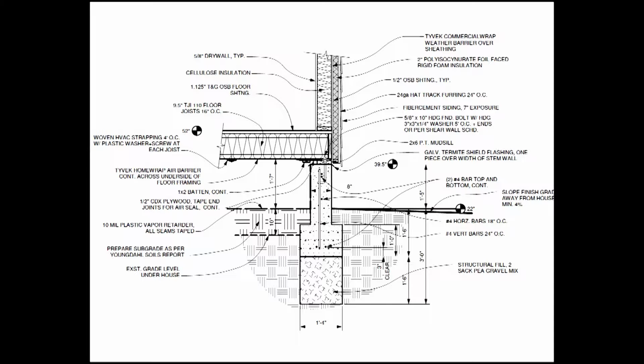R19 isn't enough, and I also have longer spans of the TGIs, which are just easier to work with, but robust shells. And you can see the wall. We have 2 inches of polyiso on the outside, so we have about an R30 wall on this.